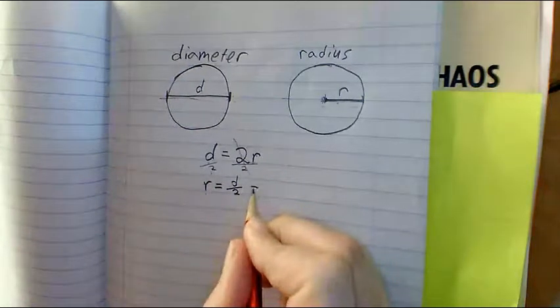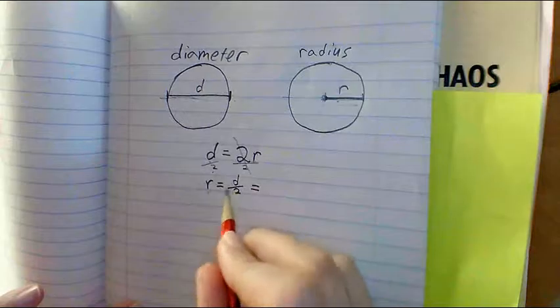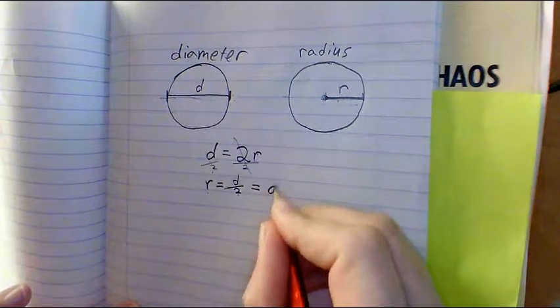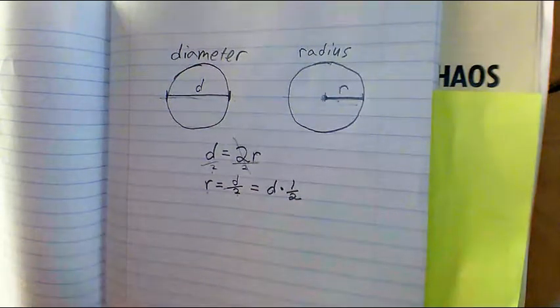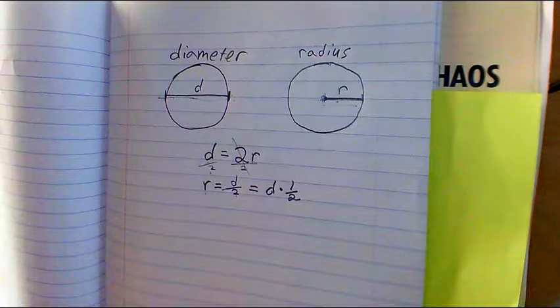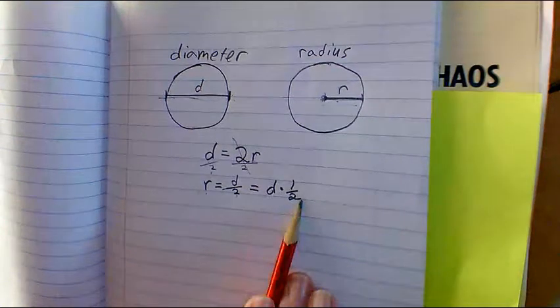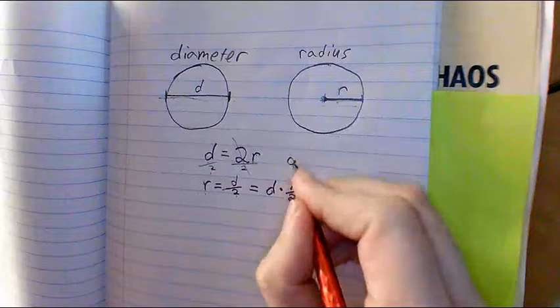Now, some of you probably prefer to write it a little differently. When I say d divided by 2, that's the exact same thing as saying d times 1/2. So in other words, radius equals the diameter times 1/2. Or if we go up here, let me redraw this so it's clear.